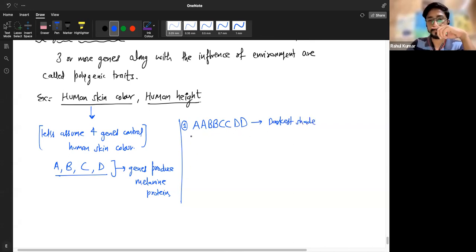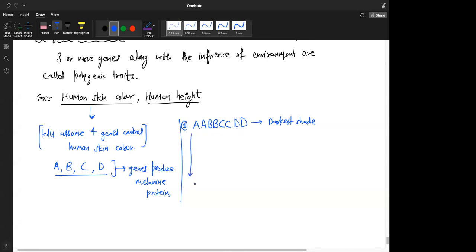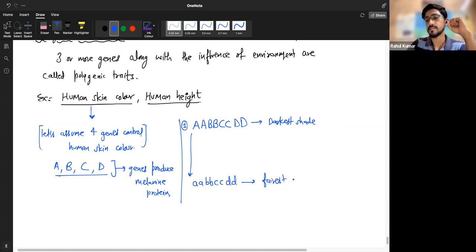What will be the lightest shade? All will be recessive, then they will be lightest. So small a, small b, small c, small d. Right? Fairest or lightest shade of the skin. In between, there can be many permutation combinations.